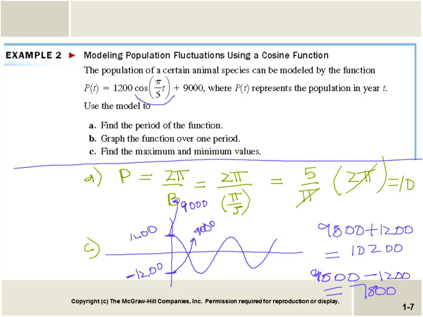So that means the maximum here would be 1,200 times 1 plus 9,000. This is the algebra part, not the graphic part. What's the minimum that cosine can ever be? Minus 1. So I'd have 1,200 times minus 1 plus 9,000. So that's my maximum and minimum.